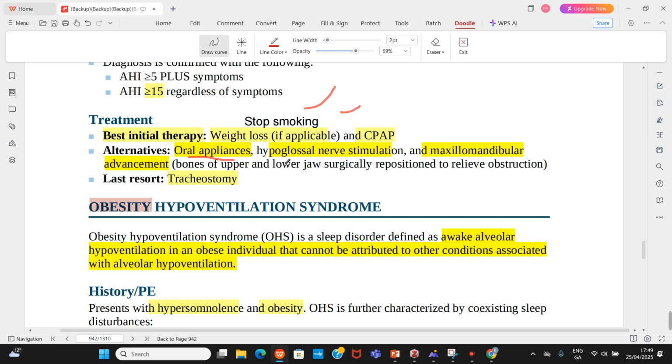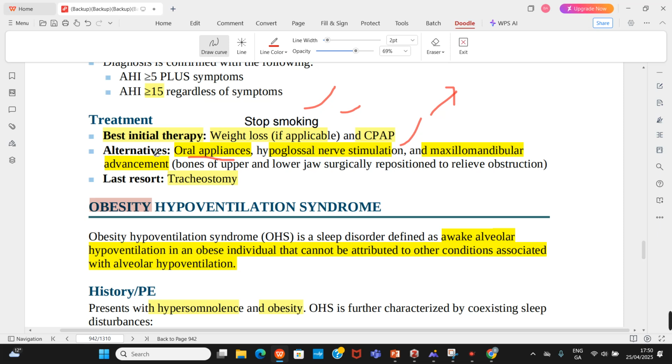They can do hypoglossal nerve stimulation. The idea is just to stimulate the tongue, so that when they are obstructed and the airway is getting narrow, you contract the tongue. The tongue helps to open the airway and it also moves forward. So that's hypoglossal nerve stimulation. You can also do maxillomandibular advancement. In some people, it's because of the way the mandible and the maxilla are arranged that the airway is disfigured.